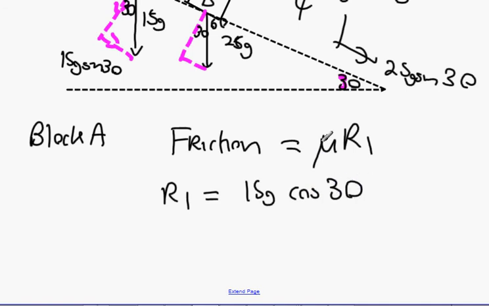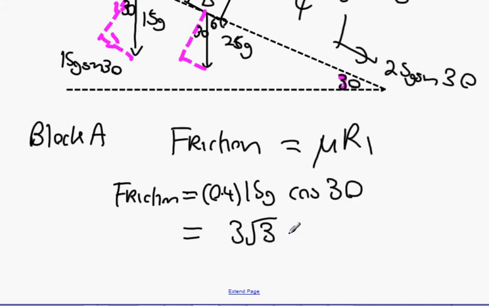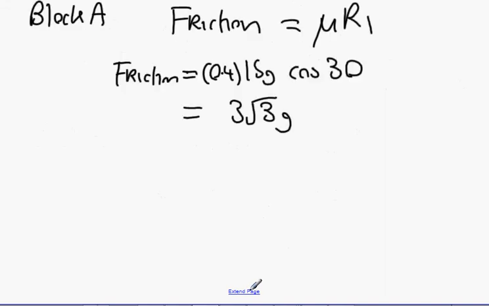Now, to get the friction, we're going to have to multiply it by 0.4, aren't we? So friction is going to be 0.4 times 15G cos 30. If you put it in the calculator, it's going to be 3 root 3 G. Okay? So that's the friction.